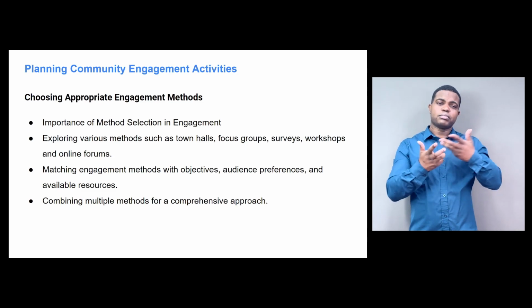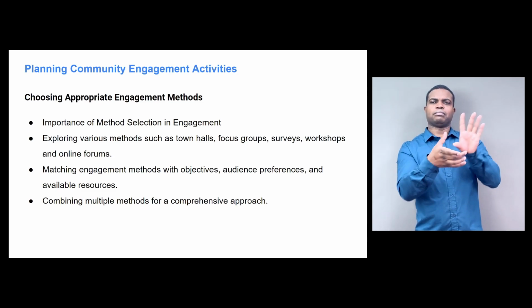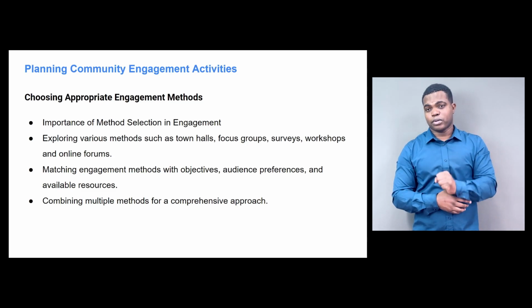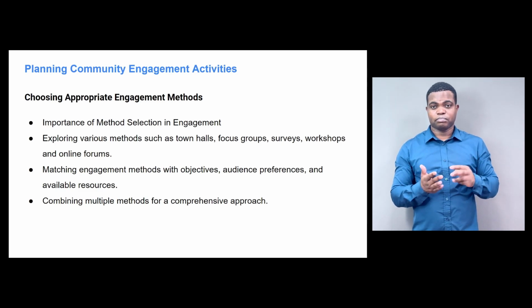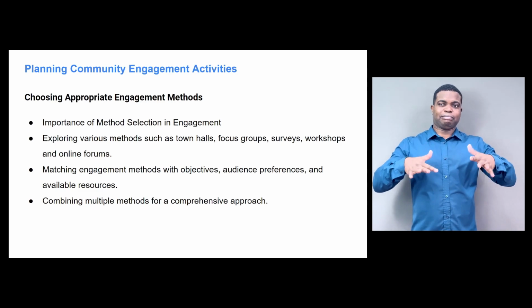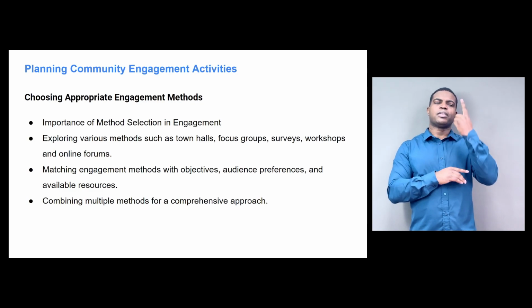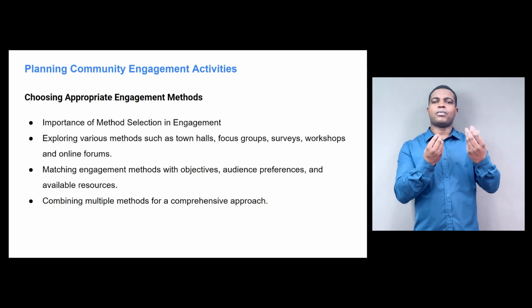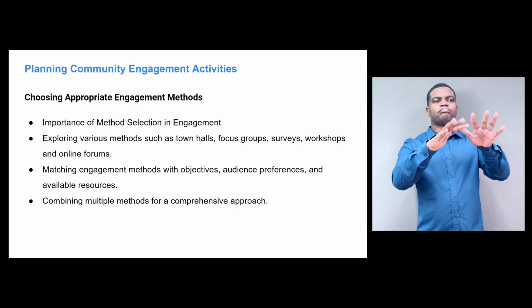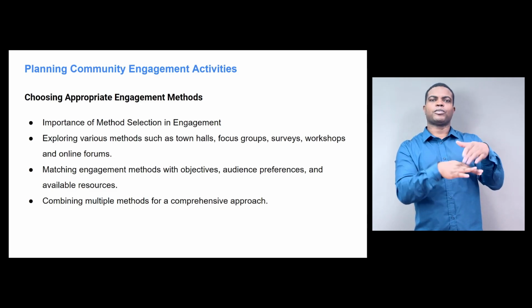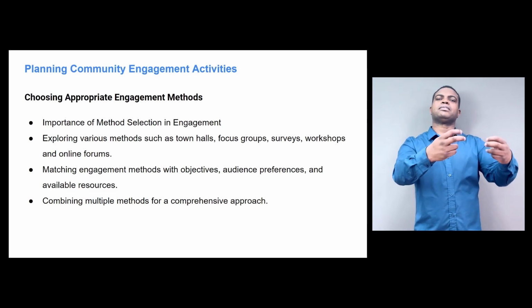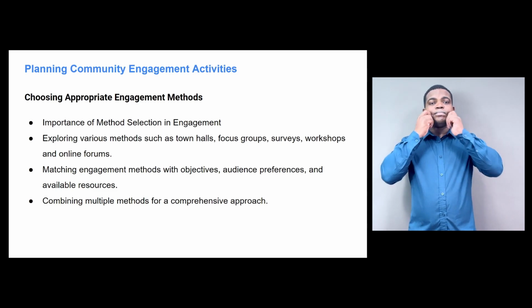So remember, we talked about target audience in the previous module. If your target audience, let's say, are elderly and not really tech savvy, that means you are going to be using maybe town hall meetings to engage with them, because they would mostly prefer the physical meetings.